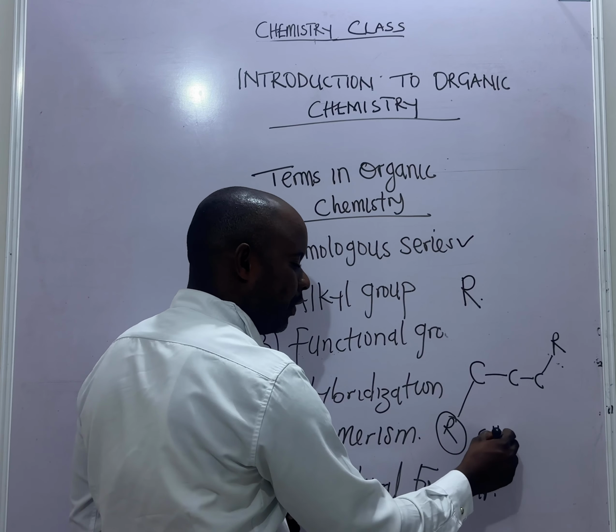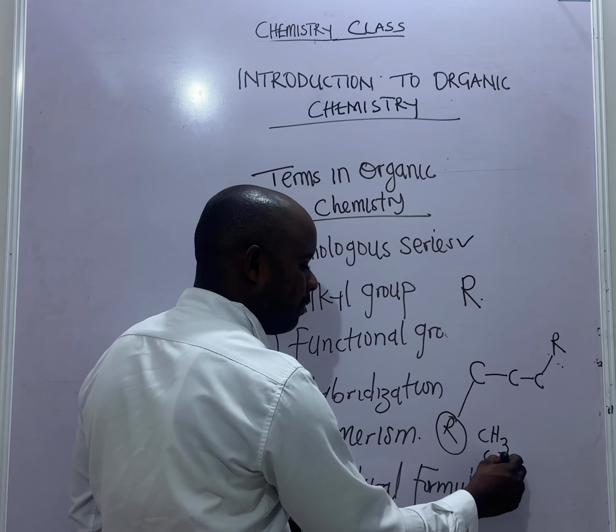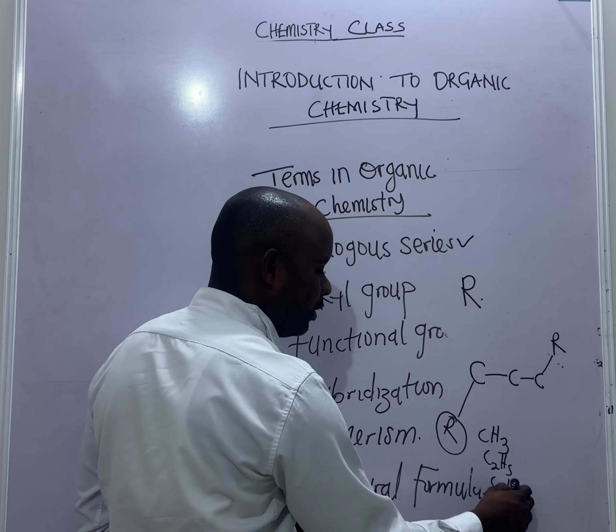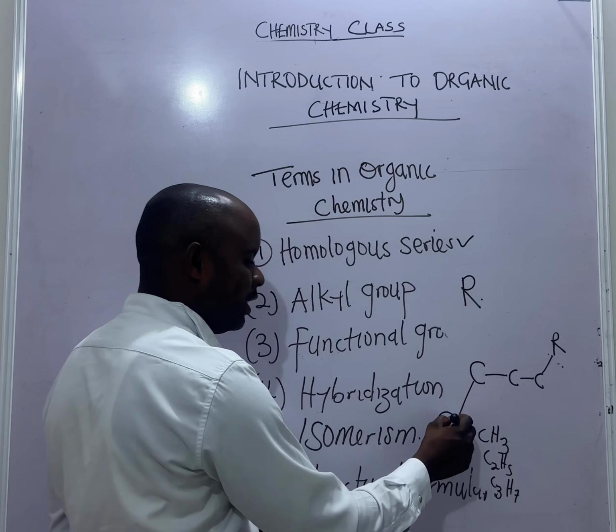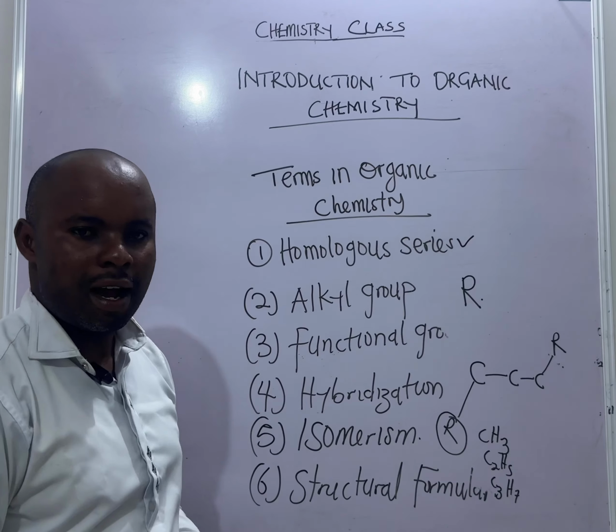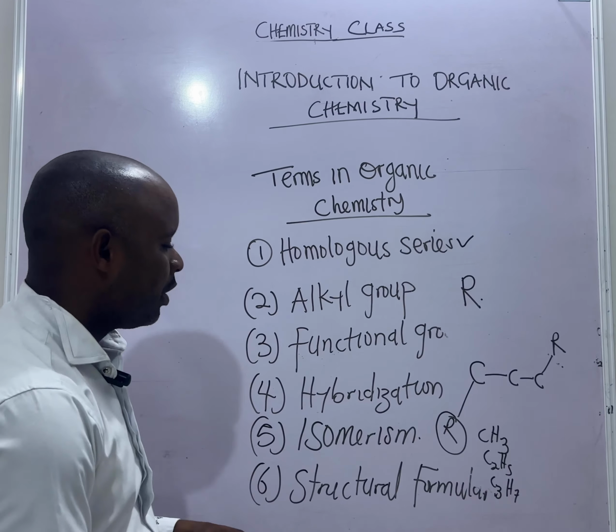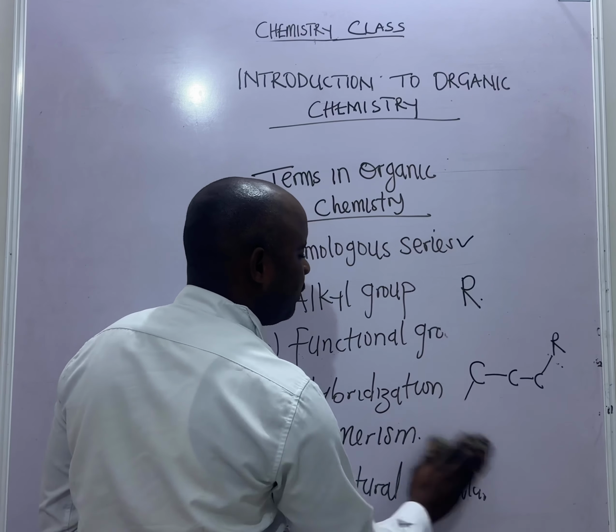It can be CH3, it can be C2H5, it can be C3H7. Any of these alkyl groups is represented by the symbol R.